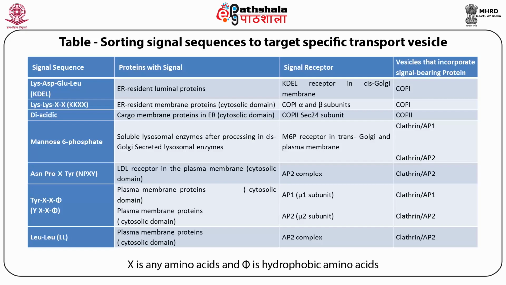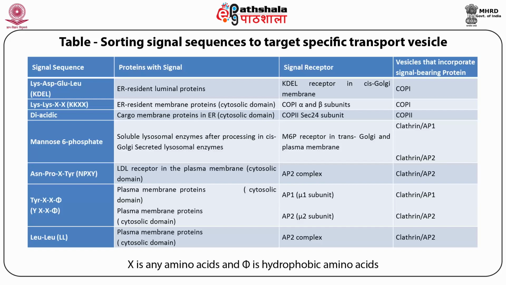This particular table shows the sorting signal sequences which are required to target specific transport vesicles. You will find that if a protein has a signal of KDEL, it means these signals are required for residents of the endoplasmic reticulum, and the receptors are KDEL receptors which are present in the cis-Golgi apparatus, and vesicles that incorporate signal-bearing proteins are COP1 vesicles.